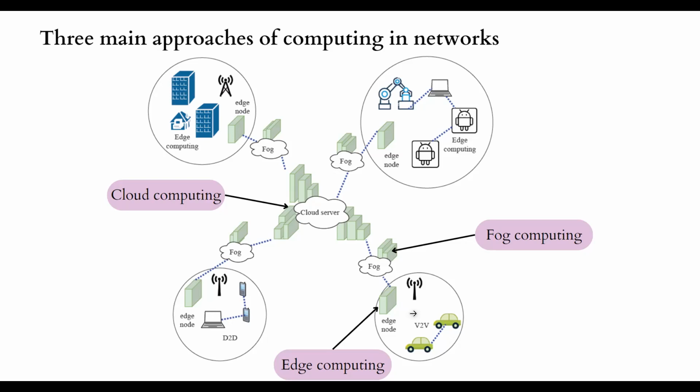It could be a router or a base station. Through those access points, local area networks connect to the public internet. The boundary where the local area network connects to the internet is called the network edge.